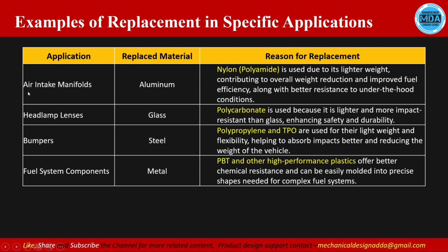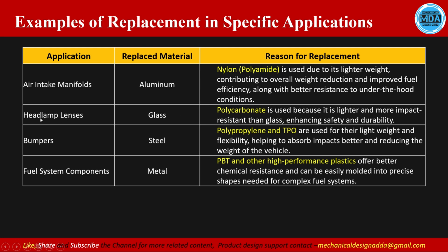In the air intake manifold, previously we were using aluminum and now we are using nylon as a replacement material, like a polyamide. We use this material for the air intake manifold now because nylon is lightweight, it reduces the overall weight and improves the fuel efficiency, along with better resistance under underhood conditions.